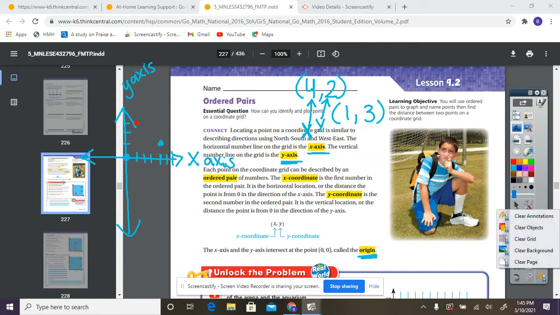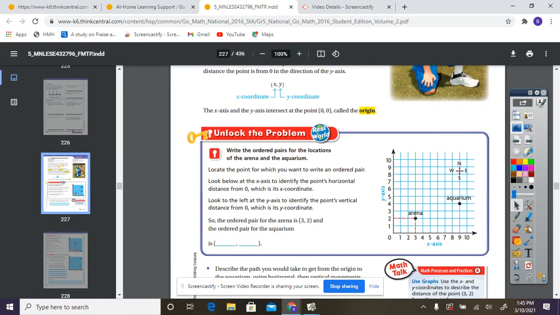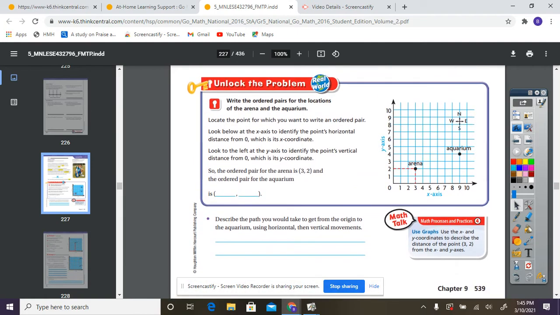I know that's a lot to throw at you guys all at once, but we have to have a little bit of background knowledge in order to be able to graph an ordered pair. So let's look at this graph. We're just going to quickly go over where each ordered pair is. You can see they have the x-axis and the y-axis labeled. This would be the origin. They just put a part of the graph. This would be the rest of the graph.